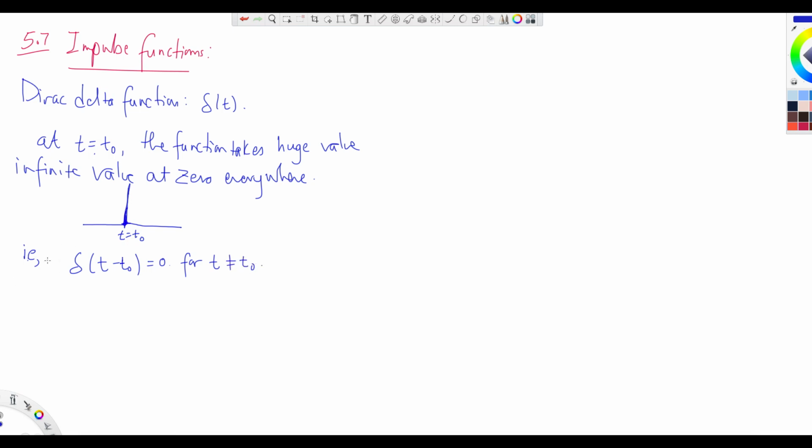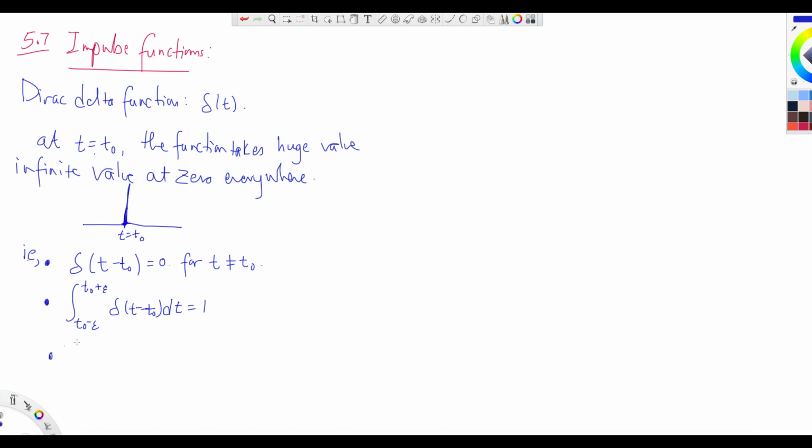This is one thing. The other thing I just mentioned is that the integral of the Dirac delta function over any interval that contains t0 is also 1. So you can write the integral from t0 minus epsilon to t0 plus epsilon of delta(t minus t0) dt equals 1.